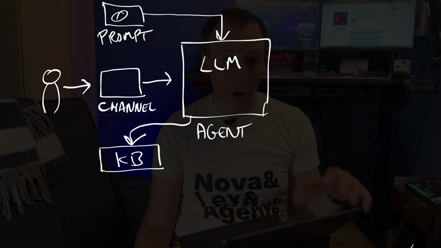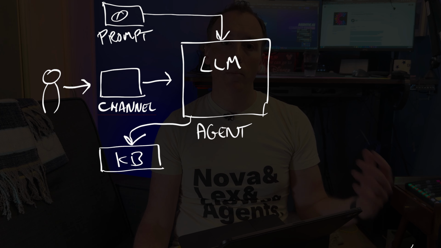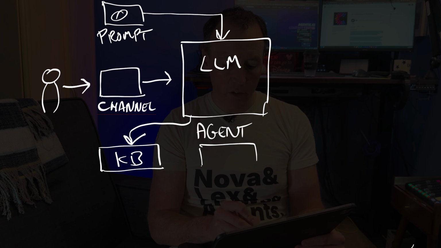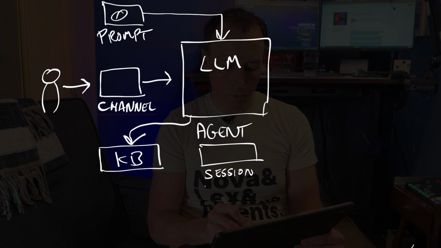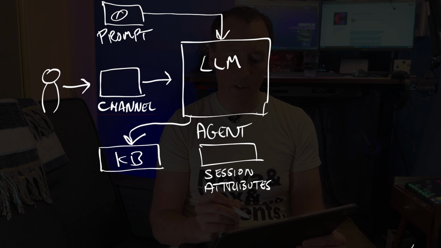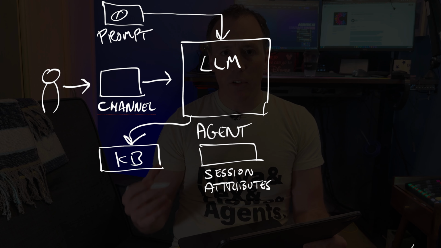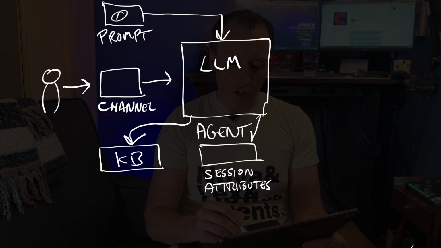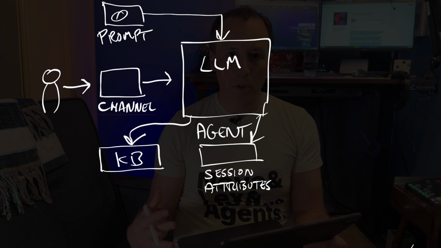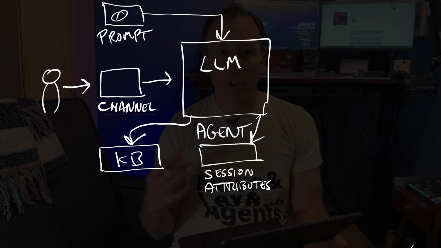So that's what the agent knows. What about what it remembers? Right next to the knowledge base, we've got session attributes. Session attributes are like a memory store. It's what the agent specifically remembers. If the knowledge base is what the agent knows in general, then session attributes are what it remembers about this specific conversation.